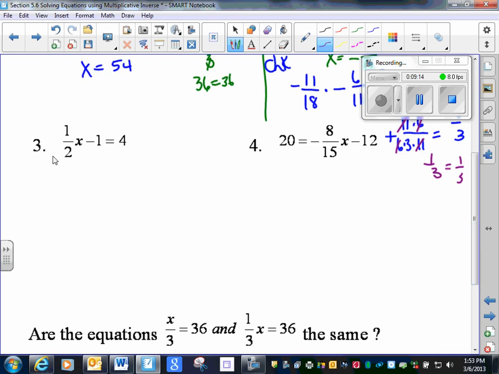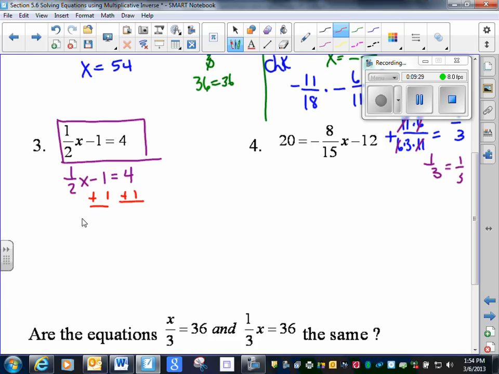All right. Number 3. Box it up. Rewrite. Now we've got a two-step equation. We're going to do our addition before multiplying by the reciprocal. So we have 1/2 x equaling 5.